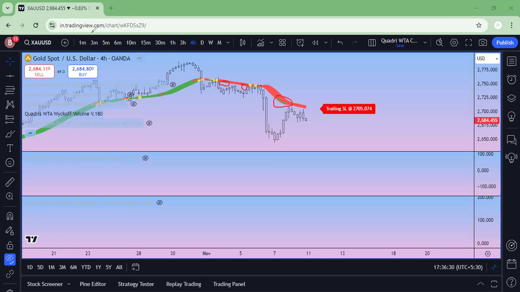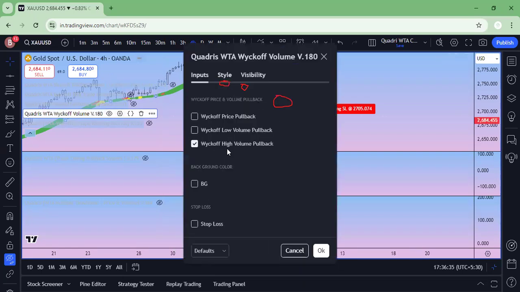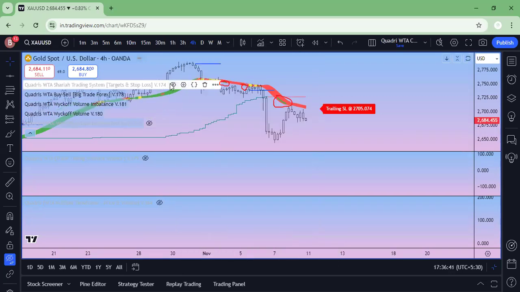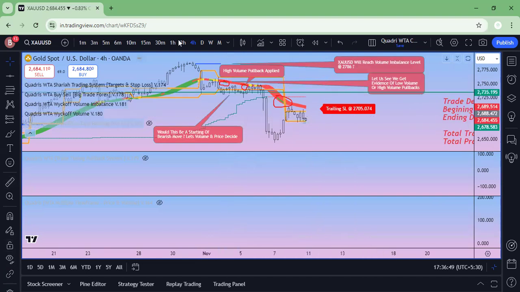Now, for example, here I have applied high volume pullback. Why high volume pullback? Because I've shared the analysis of this particular one, where if I open this one, you could see here I mentioned this is a heavy volume pullback applied over here. And after a heavy volume pullback, there would be two things.